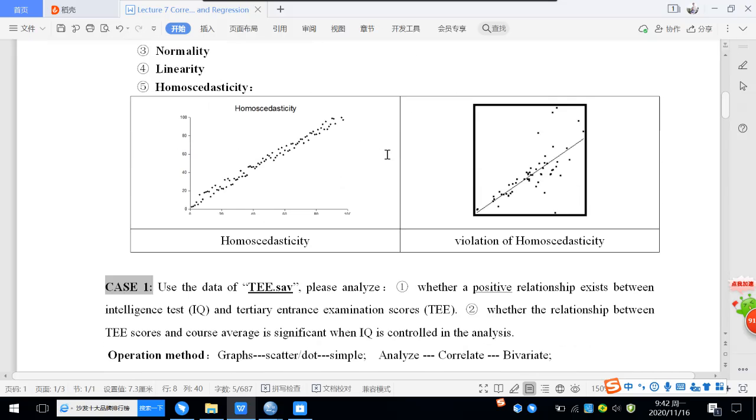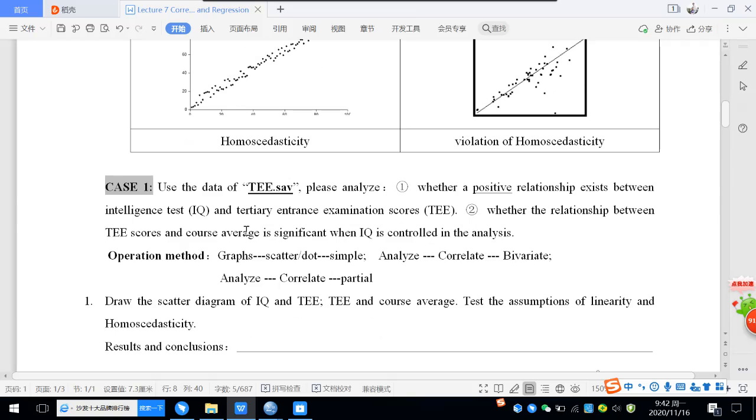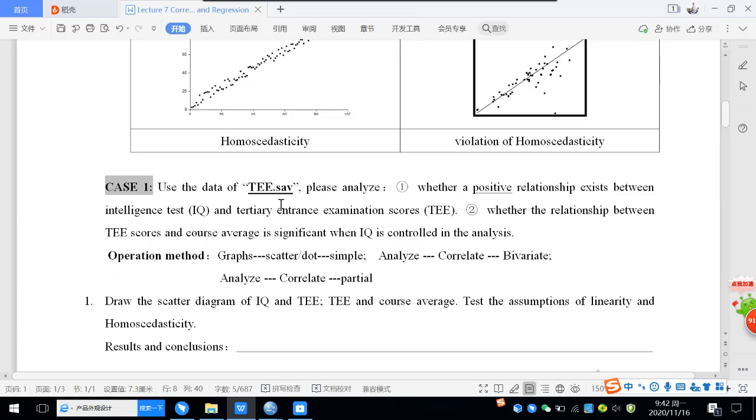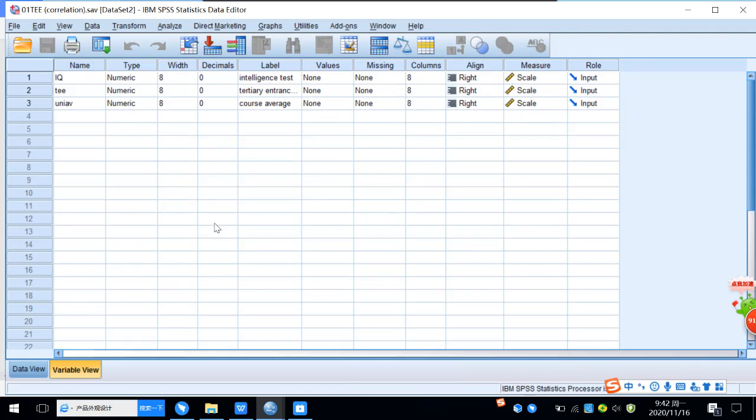Okay, let's look at example 1, case 1. Here, use the TEE data. You need to test three parts. Firstly, let's look at the variables here. IQ means the intelligence test.